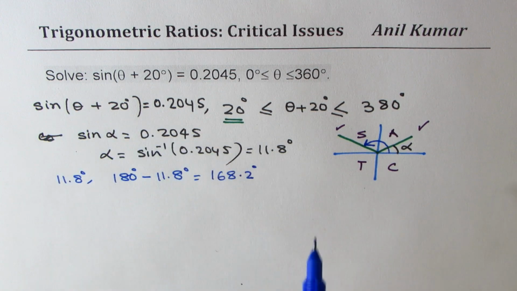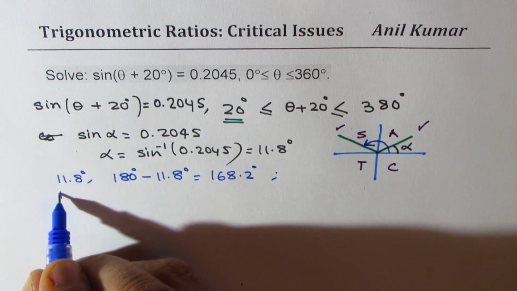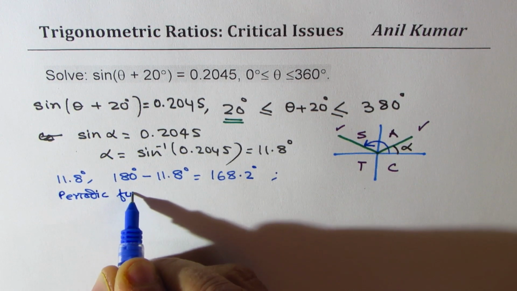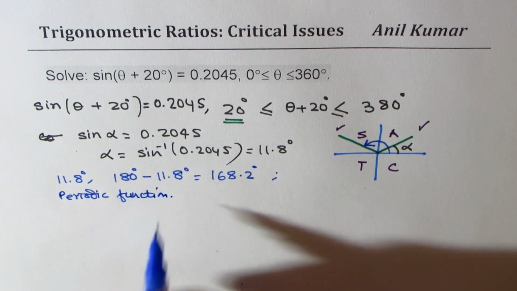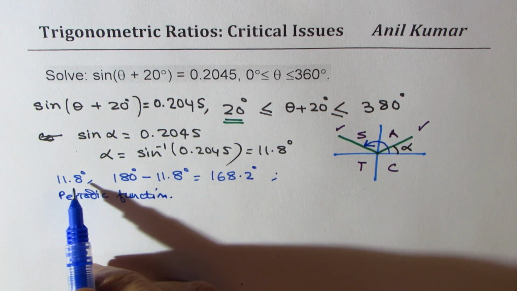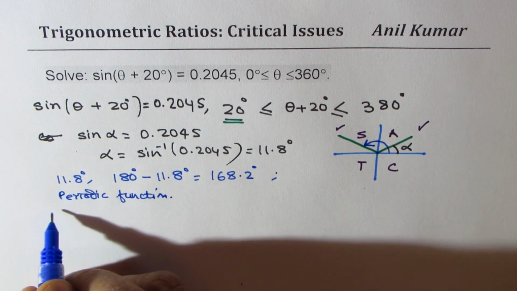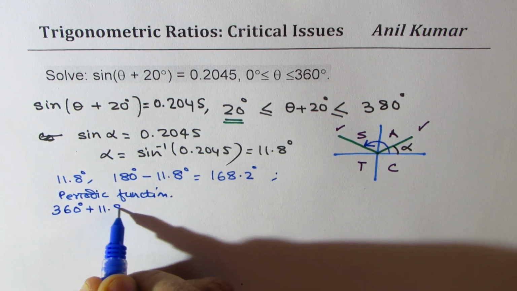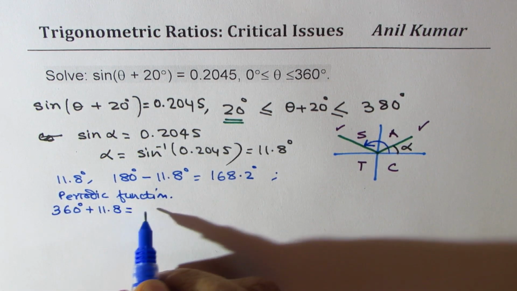Now since sine is a periodic function, if 11.8 is not there, we can add 360 to this. So the option could be 360 degrees plus 11.8. How much do we get?